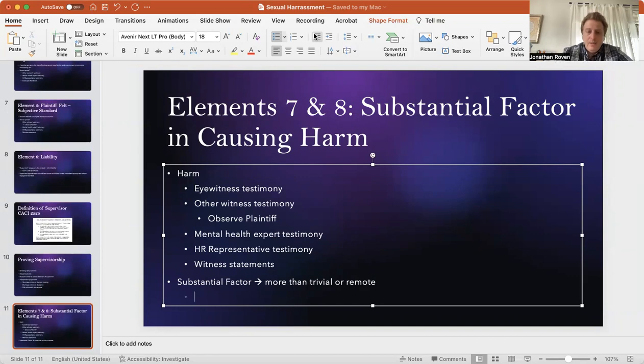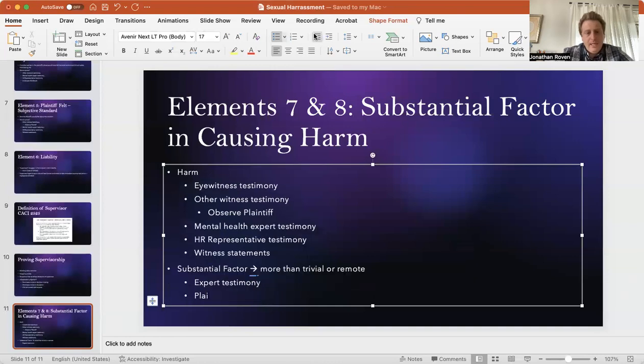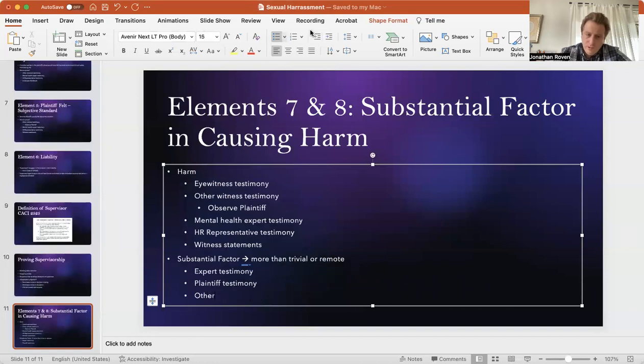That we do through expert testimony and plaintiff testimony, other witness testimony. This is, generally speaking, a totality of the circumstances.